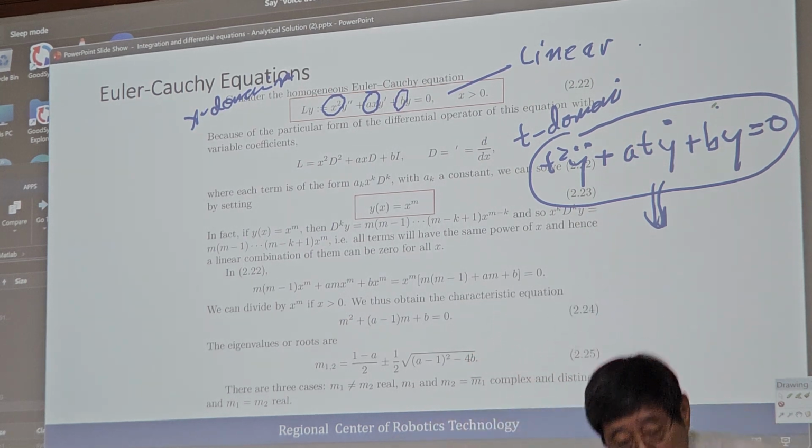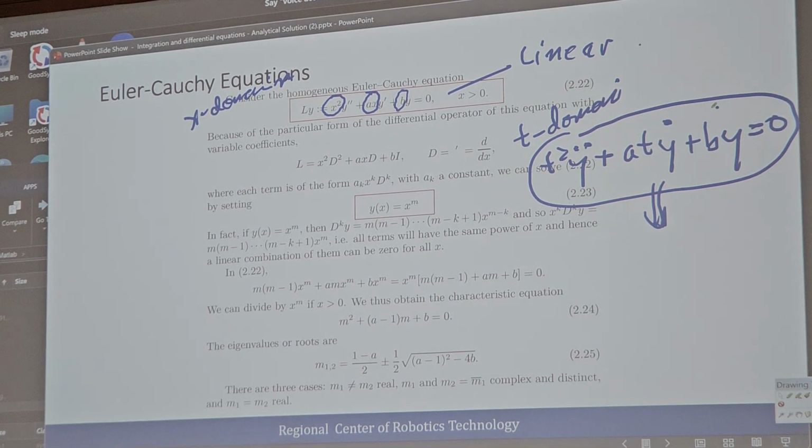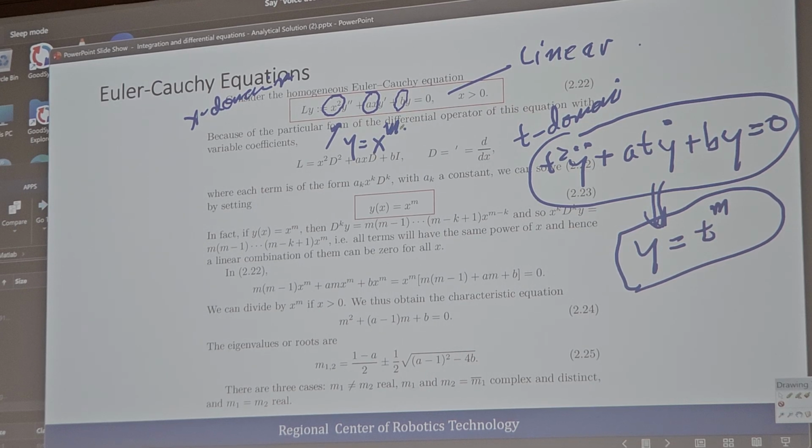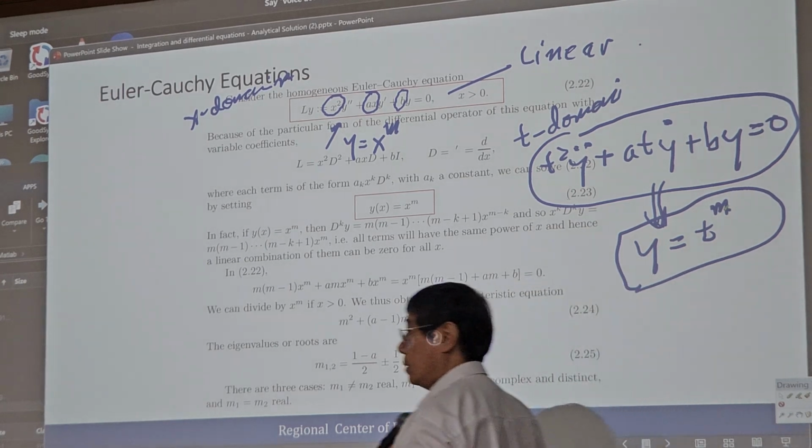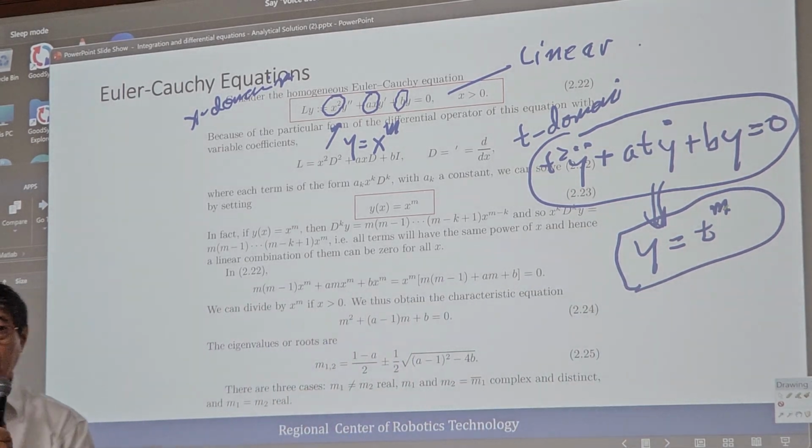If you see this form, we normally assume our solution will be this one, y equal to x to the m.